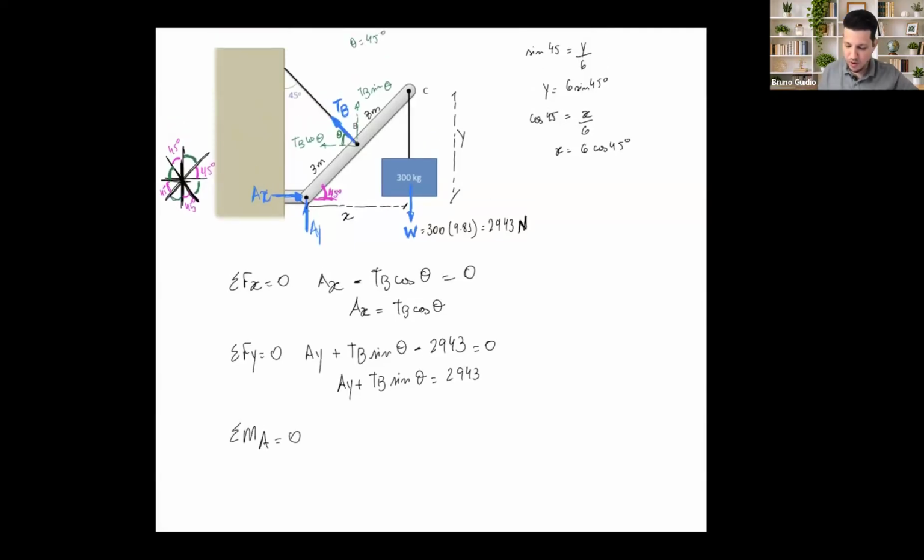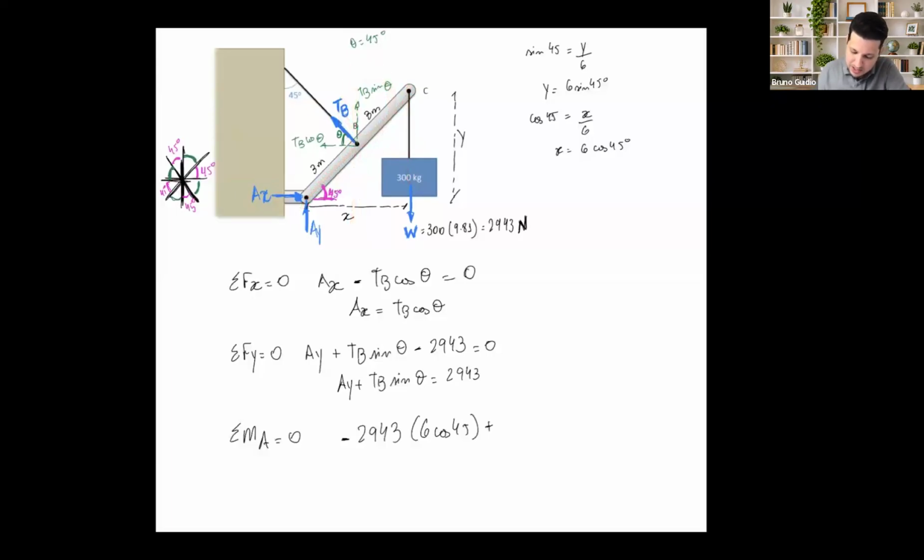I do have started from the right. W, negative 2943 times the distance x, 6 cosine 45, plus TB sine. TB sine is at half the distance of x. Okay, similar triangles.